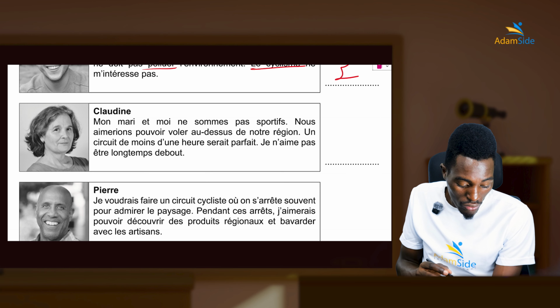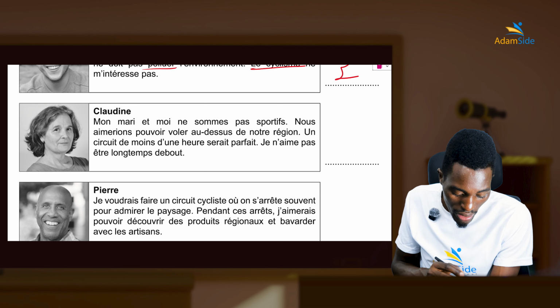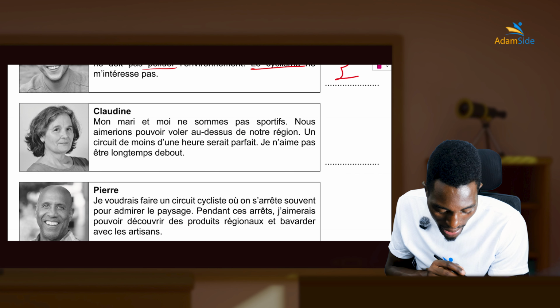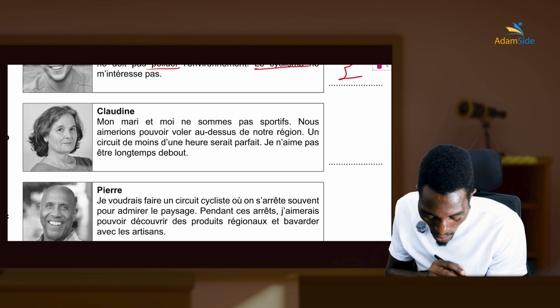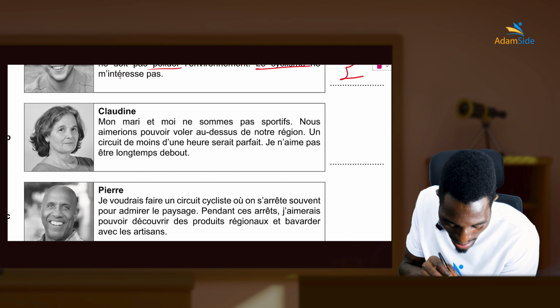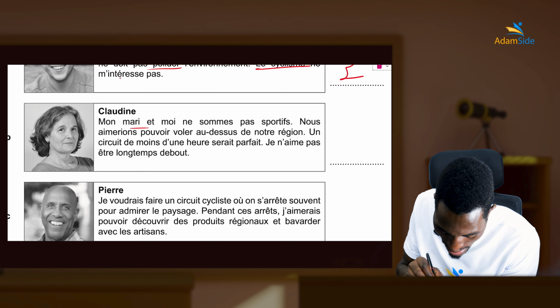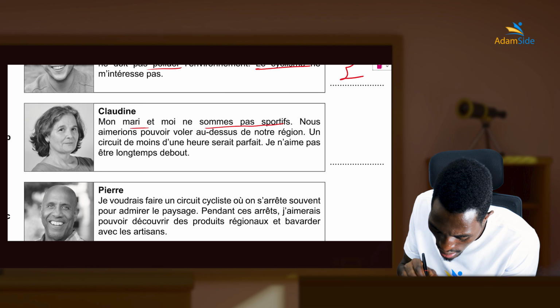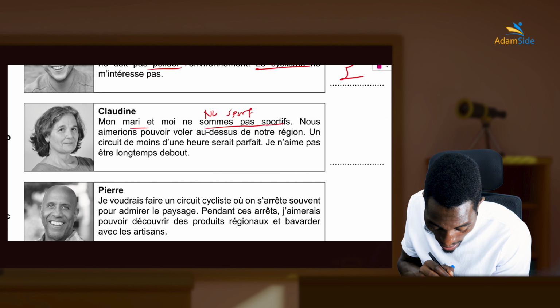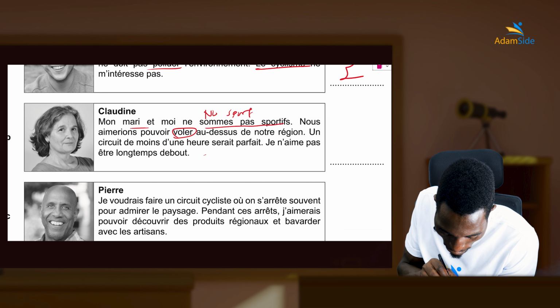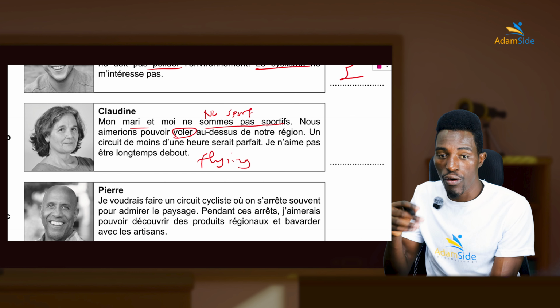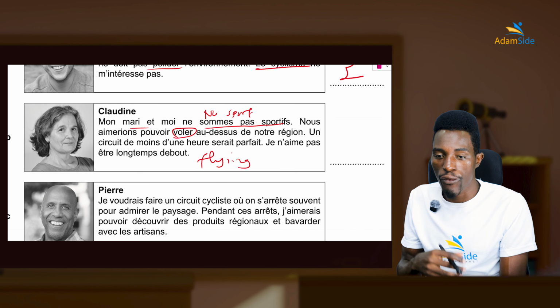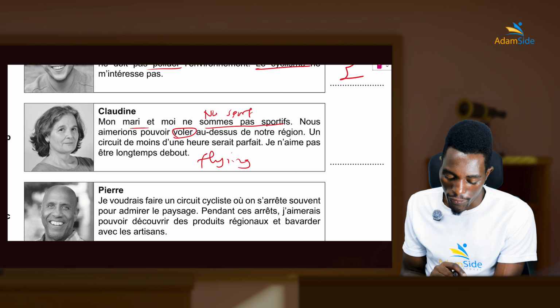Then I go to B, which is Claudine. Claudine, mon mari et moi ne sommes pas sportifs. So her husband and her, they don't like sports. So no sport. Nous aimerions pouvoir voler. Voler is flying. For instance, you can say, j'ai volé à Dar es Salaam. I'm flying with a plane. That's flying.